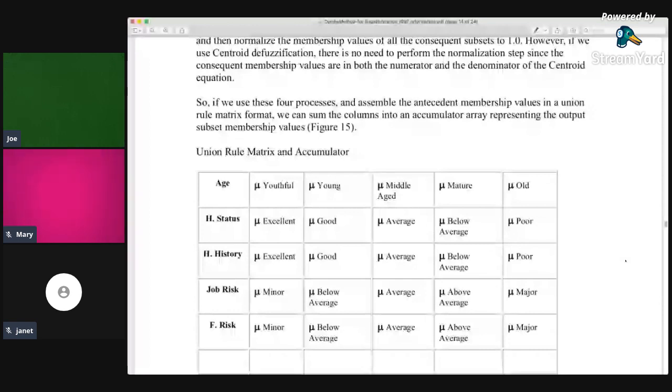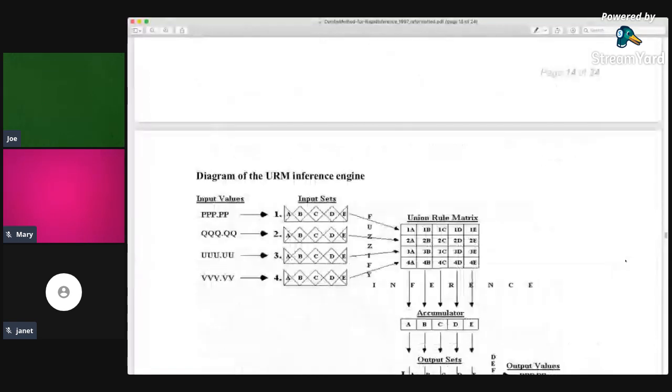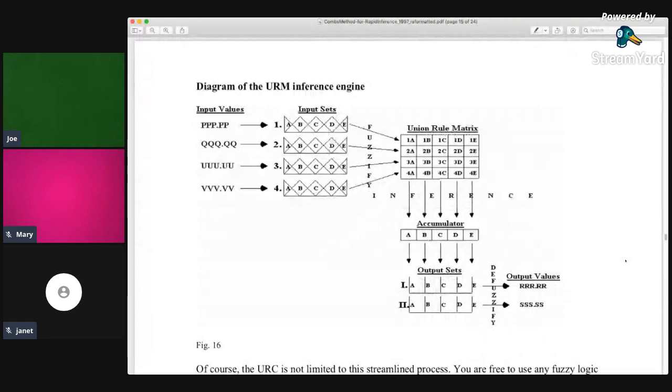So as we walk through those, here's the accumulator. Okay, so here's our inference engine diagram and the URM inference engine.